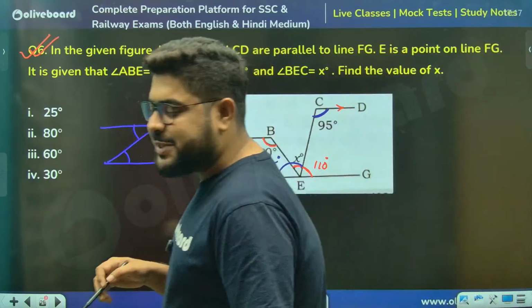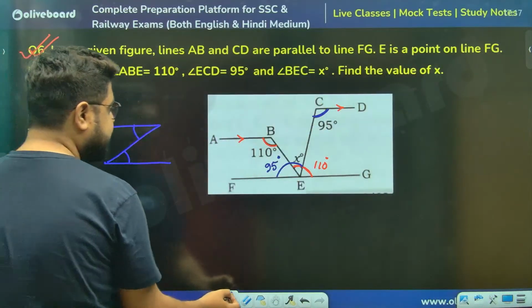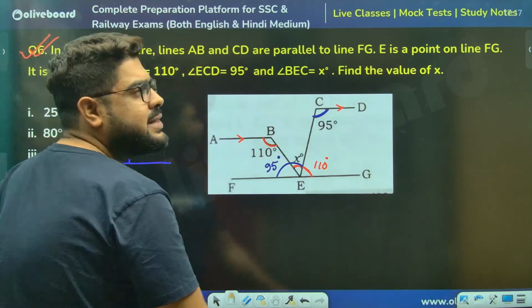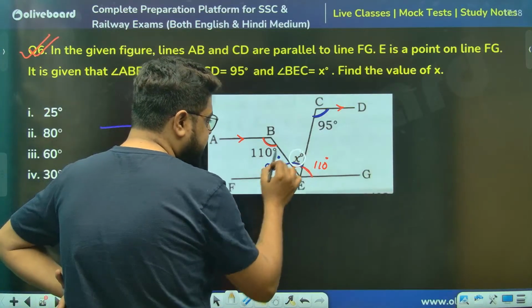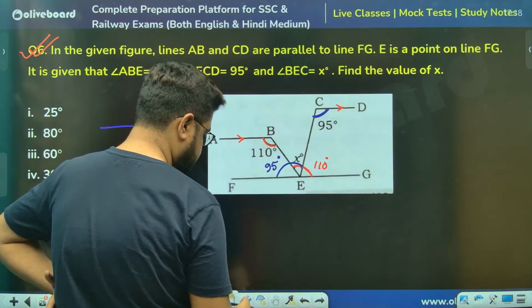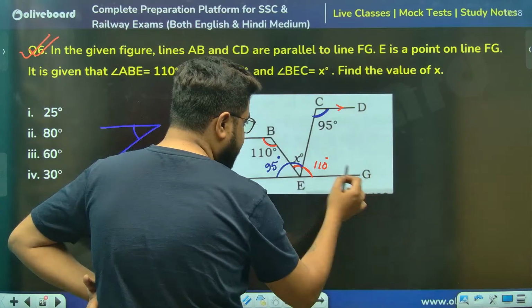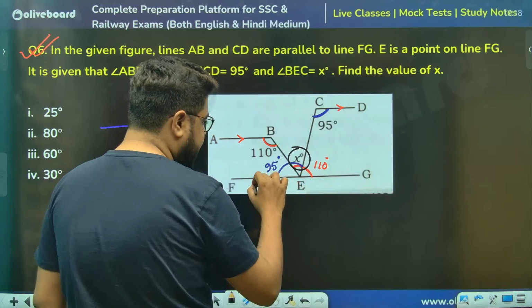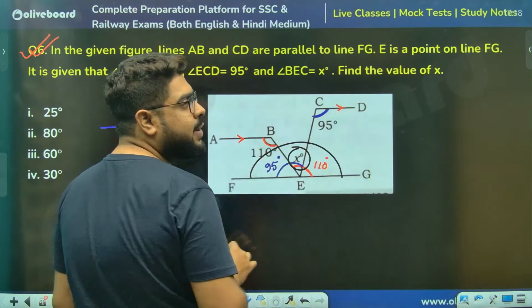Now, if that is the situation, what will be the value of X? You will say, sir, the total is 180. This total angle must be 180.